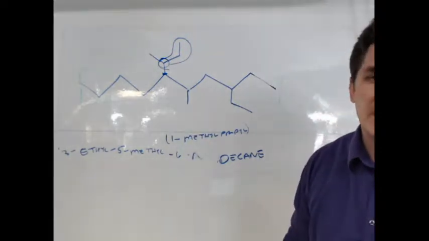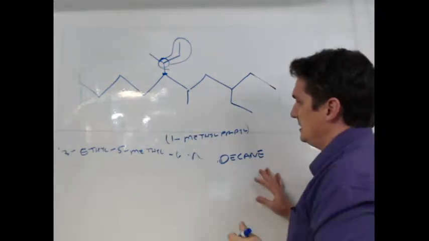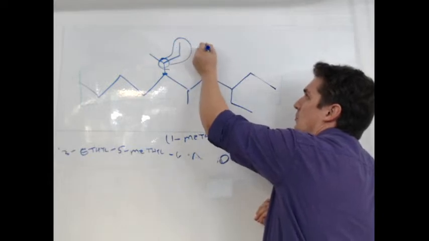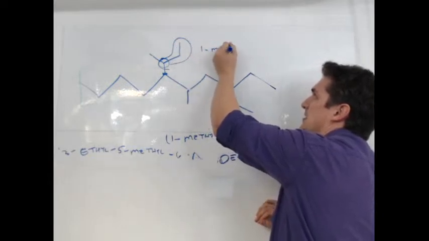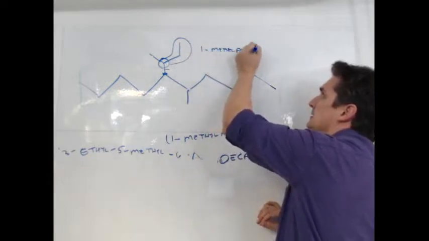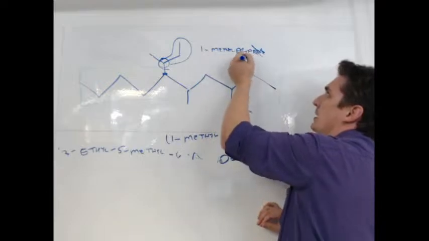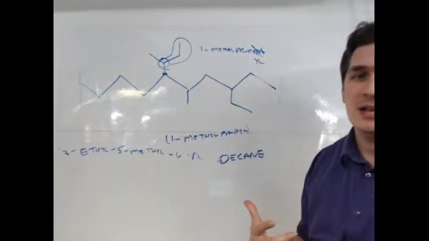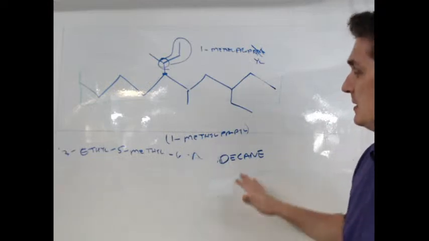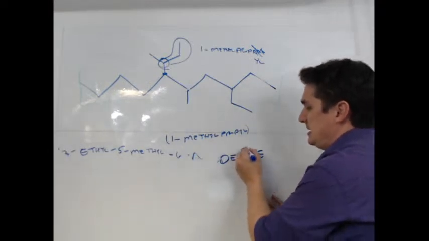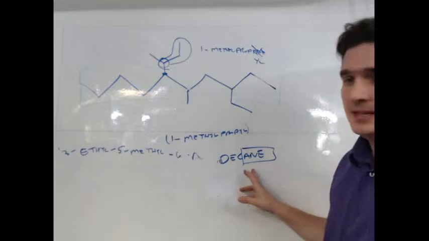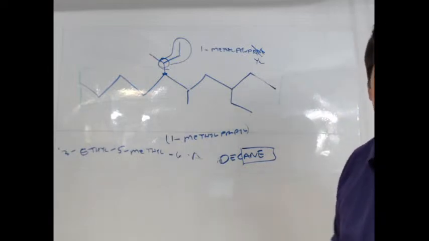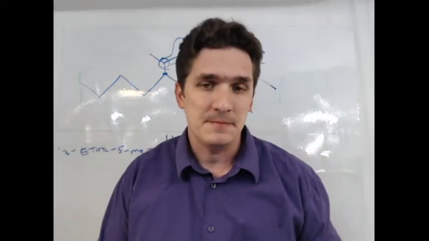You want to maximize branching, and instead of saying 1-methyl propane, you're going to get rid of that A-N-E ending to say Y-L to indicate that this is an alkyl group. Again, the A-N-E here indicates that this is the parent chain and this is what's dictating the chemistry. Yeah, you're very welcome.